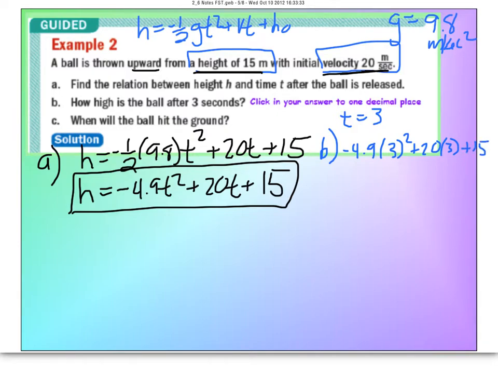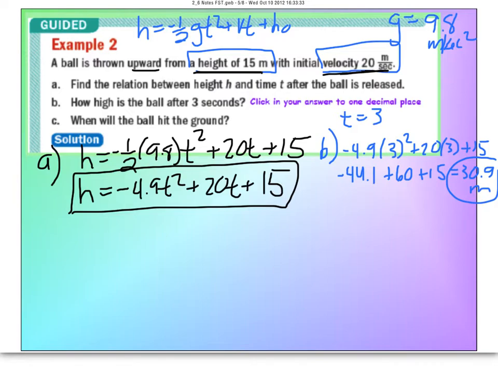Be careful when you simplify. Do 3 squared first, then times it by negative 4.9, we'll get negative 44.1, then plus 60, and then plus 15. When you simplify those all together, the answer is 30.9, and it's going to be in meters.